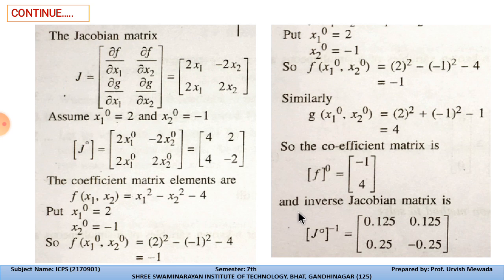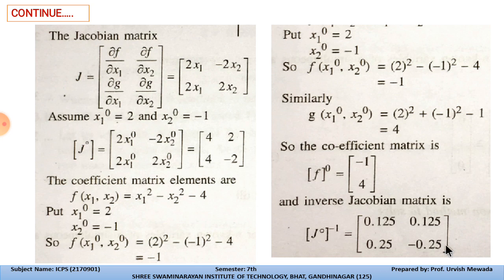So now the inverse Jacobian matrix will become 0.125 after solving this. So inverse means 1 upon the determinant, so this will become 0.125, 0.125, 0.25 and minus 0.25. So this is the inverse of the Jacobian matrix that we solved over here.